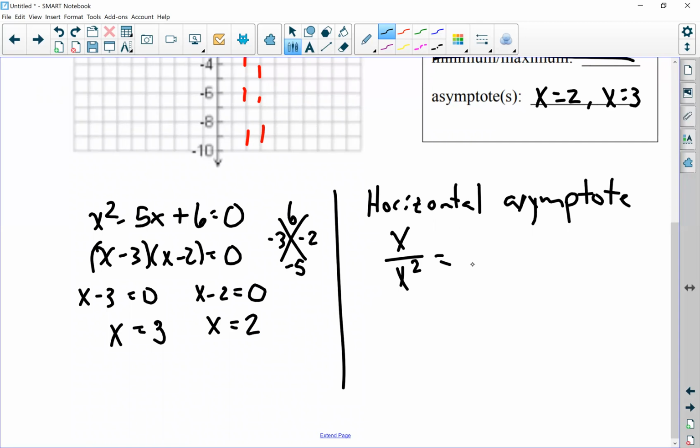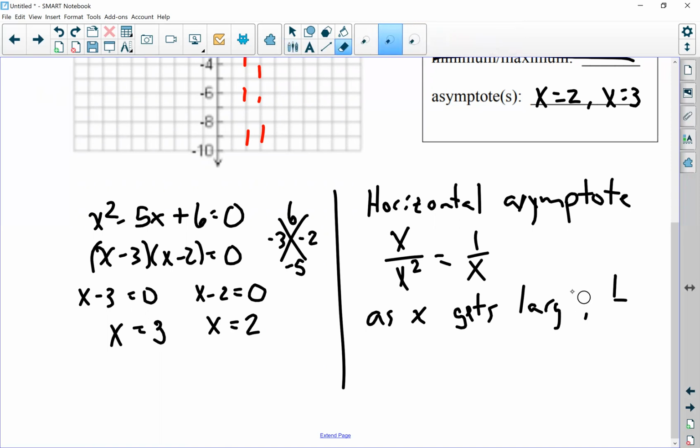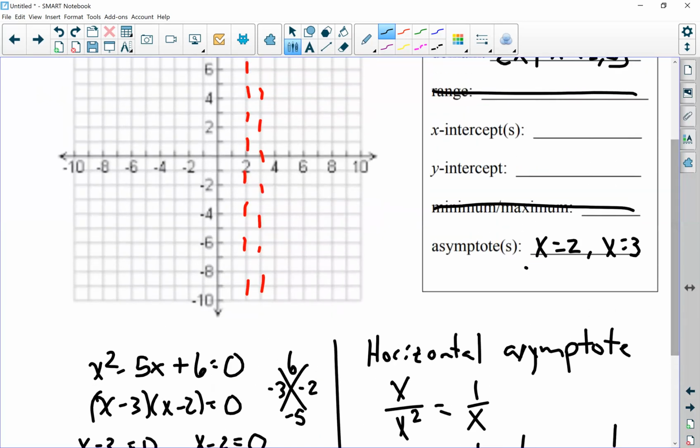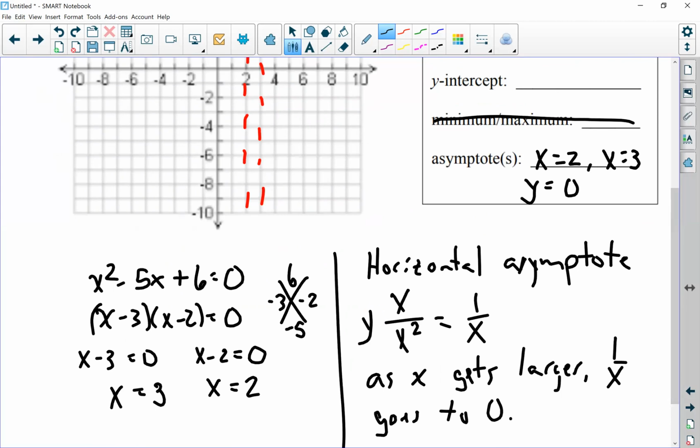There's a common factor of x that reduces out. We get 1 over x. As x gets larger, one over x goes to 0. So that's another asymptote, y equals 0.